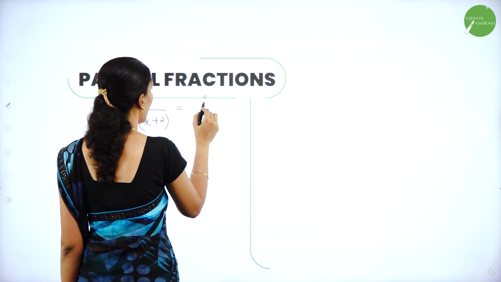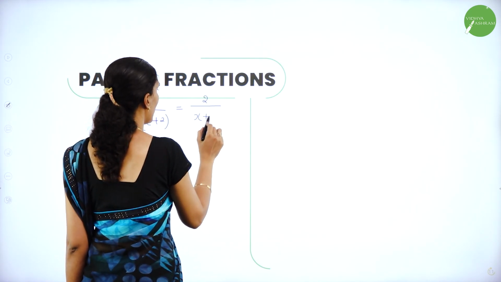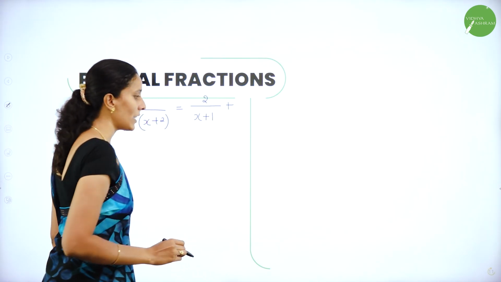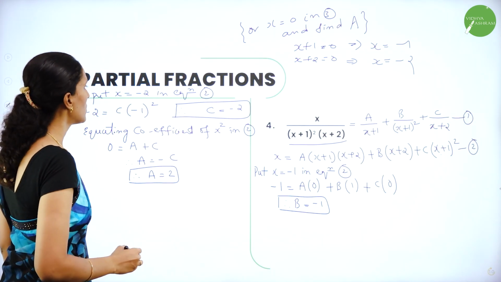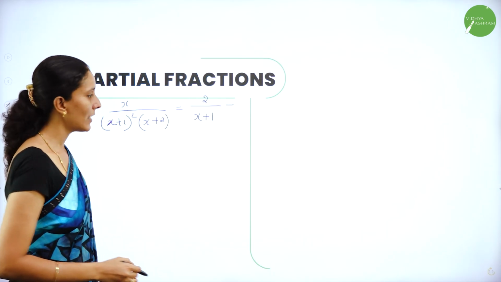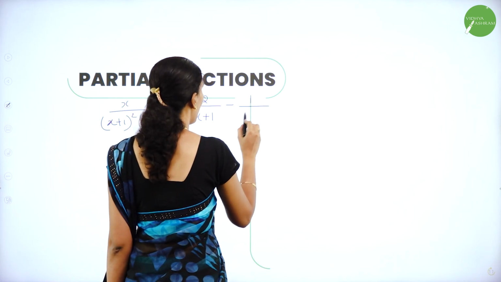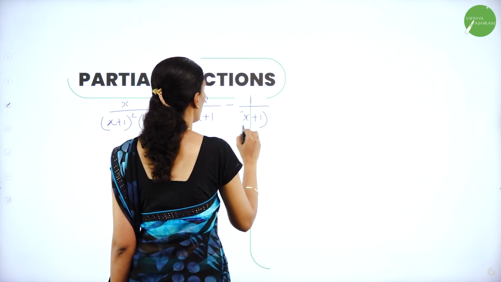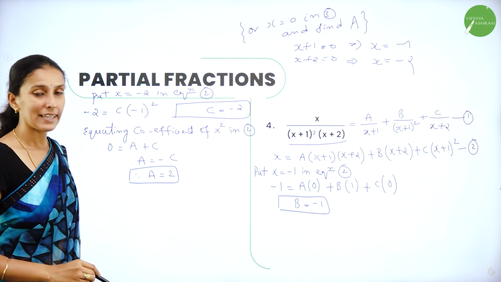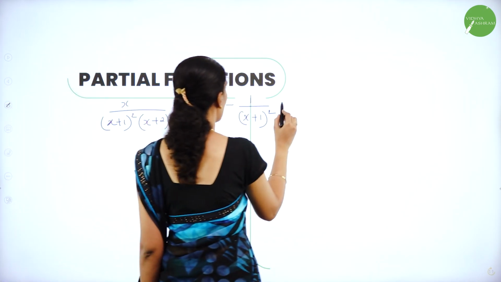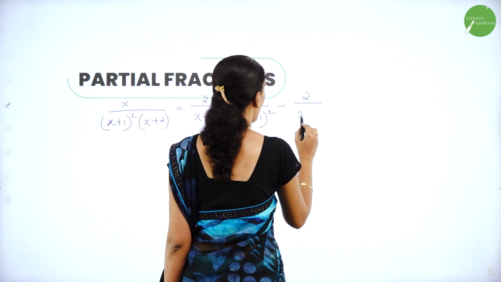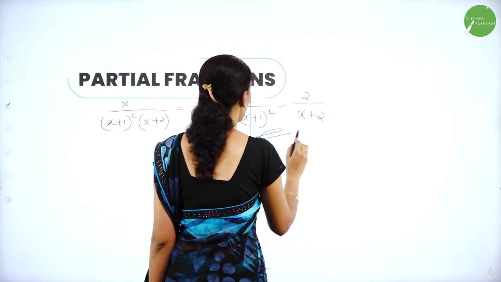So the value of a is 2, 2 by (x + 1). Value of b is −1. So here it is −1 divided by (x + 1) whole square, and value of c is −2. So it is −2 divided by (x + 2). So we have resolved it.